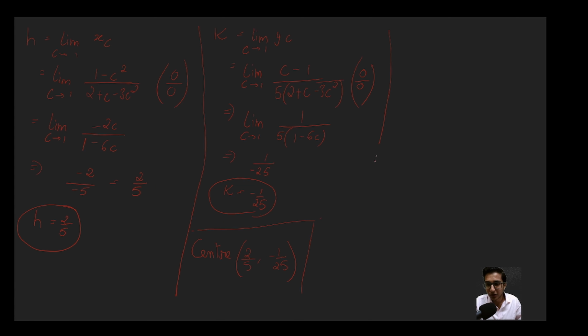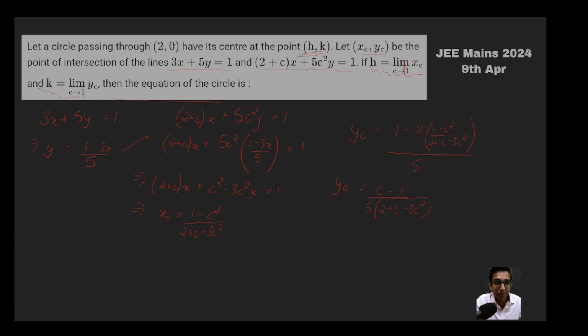Of course it becomes very easy for us, since we know the center and we know there is a point on the circumference of the circle. The circle passes through 2 comma 0. So by using the distance formula, I can find the radius of this circle. The distance between these 2 points would be nothing but my radius.